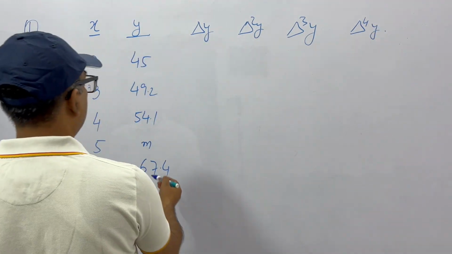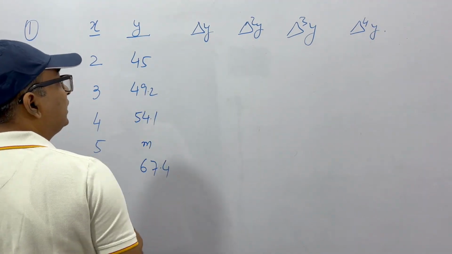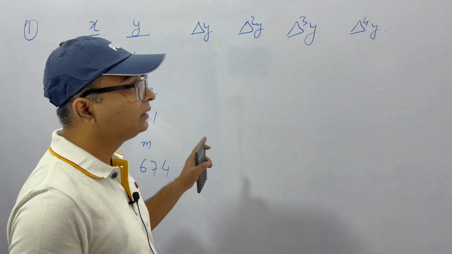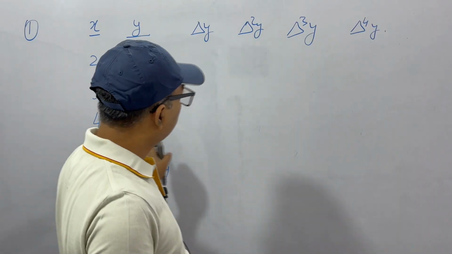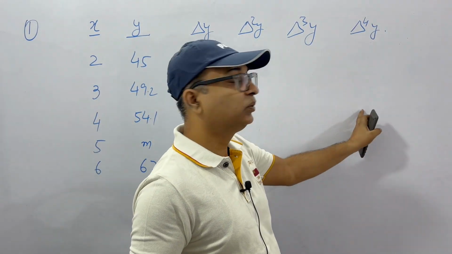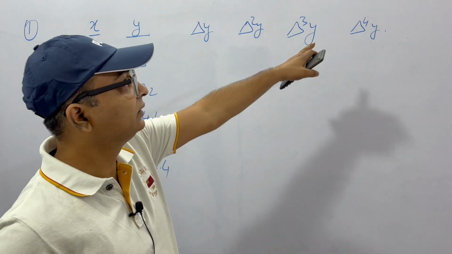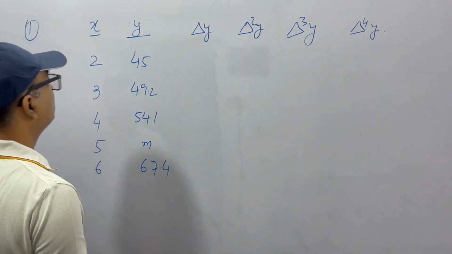We know that there are four terms, 1, 2, 3, 4, so we'll have an equation of order 3, and so del 4y will be equal to 0. Del 3y, all the terms will be constant and del 4y will be 0. So let's find out.